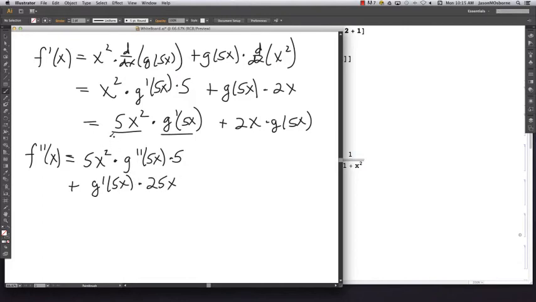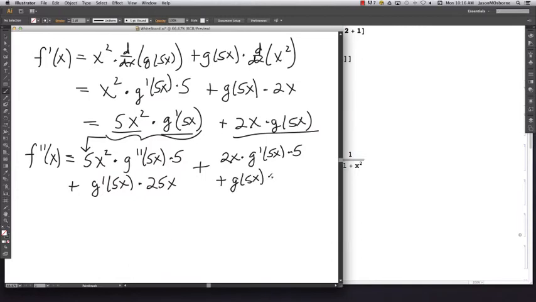And that would have been the derivative of this piece. Now we would need to pick up plus the derivative of this, which would be the first times g prime of 5x times 5, plus the second, g of 5x, times the derivative of the first, which is 2.